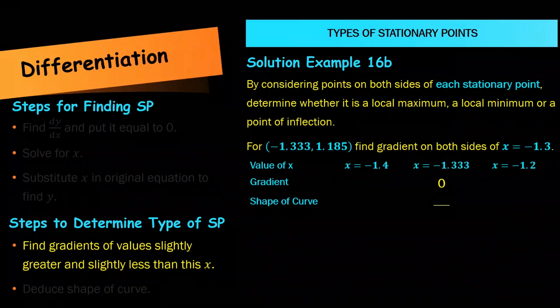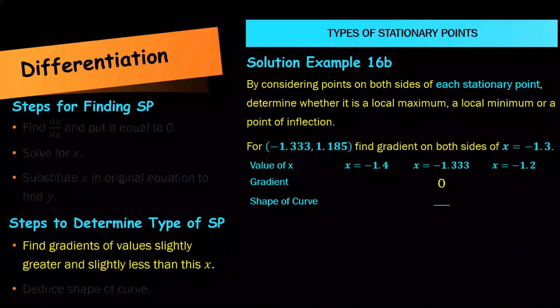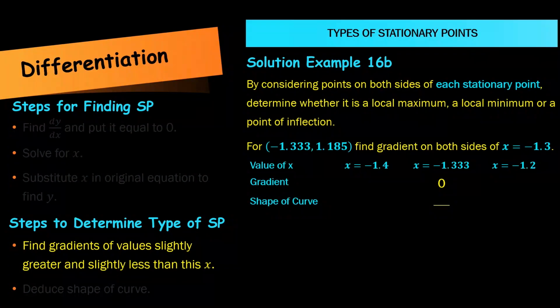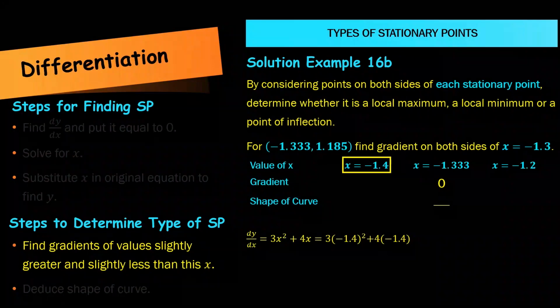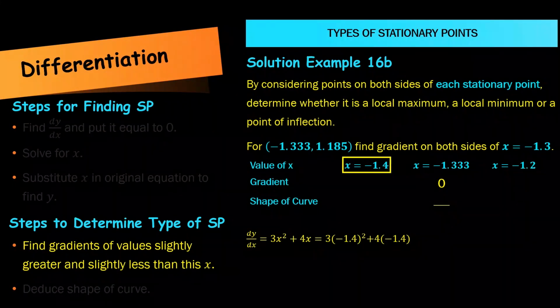So the shape of the curve is actually flat at that point. At x equals minus 1.4, again, we simply plug into the equation for dy/dx as shown, and this gives us a positive value.